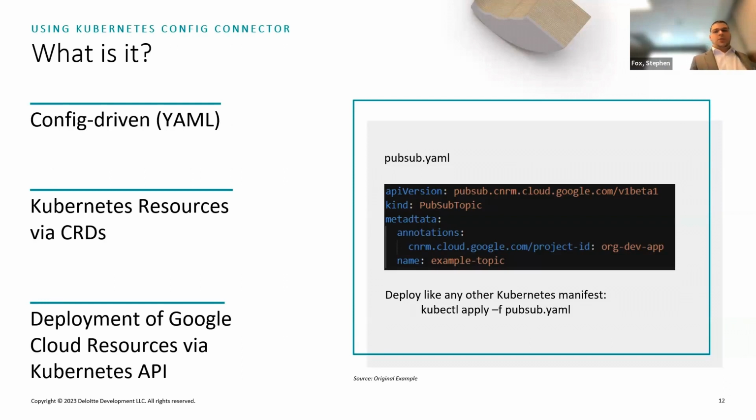It's part of the KCC resource type API. And your configs basically just look like any other Kubernetes manifest YAML. You have your API version, kind, metadata, and spec sections. And it makes it very familiar if you are already using Kubernetes to provision applications.